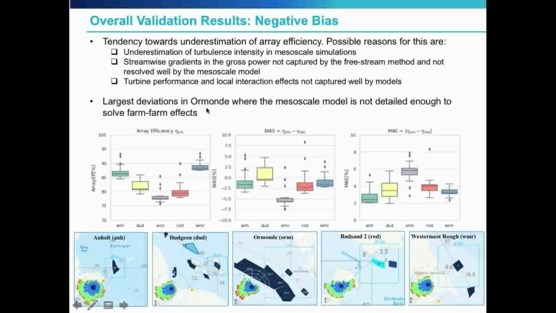The largest deviations are found in Ormonde, which is to be expected because this is the situation we have, this very large cluster upstream, where the WRF input data is not resolved enough to account for all of this. But still it is not a very large difference. Still 5% is okay, I would say.